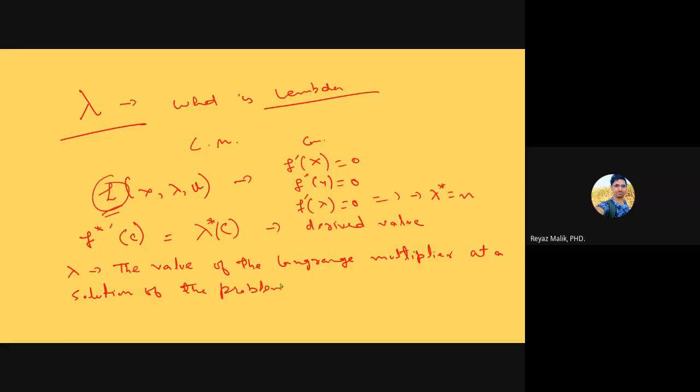Remember, it is equal to the rate of change in the maximum value of the objective function.